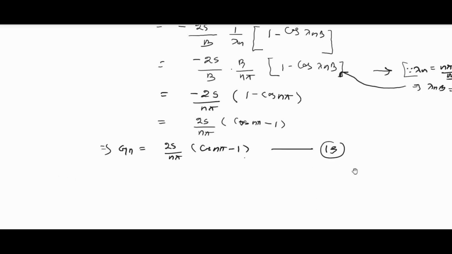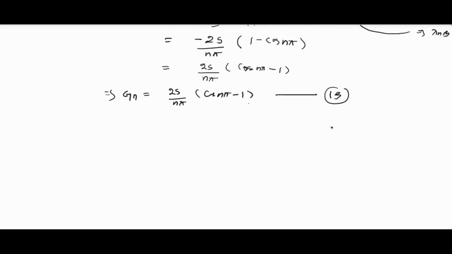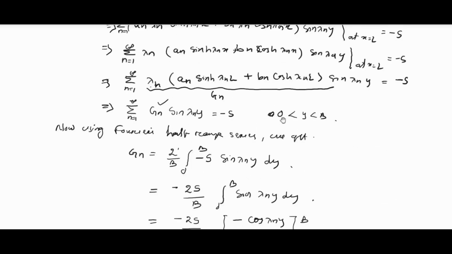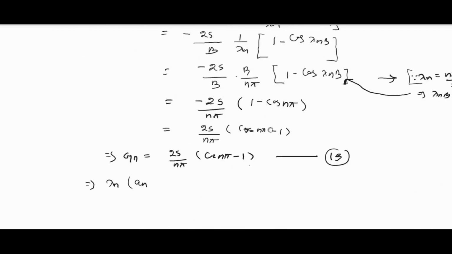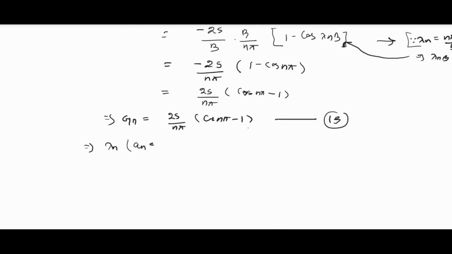Now gn is equal to this much, but what is gn actually? Gn is equal to lambda n into an, we have taken gn. See here, gn is equal to lambda n, an sin h lambda n l plus bn cos h lambda n l, is equal to gn, an sin h lambda n l plus bn cos h lambda n l.